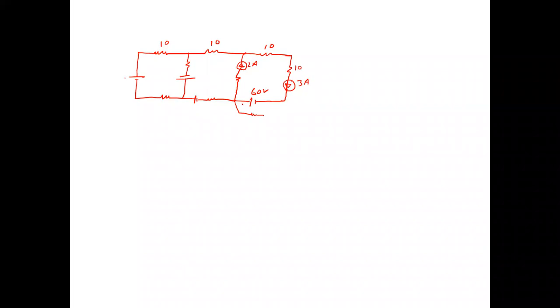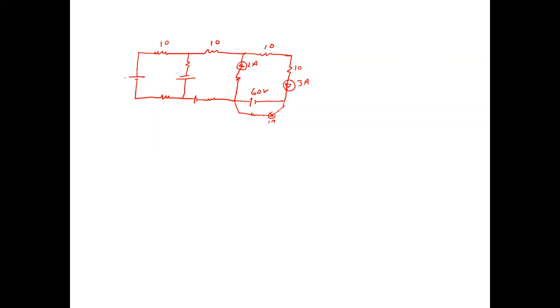If there is a voltage source, then omit the branch parallel to a voltage source. This is the voltage source and this is the parallel. So the parallel point, this is the current, okay, this is 1 ampere maybe.